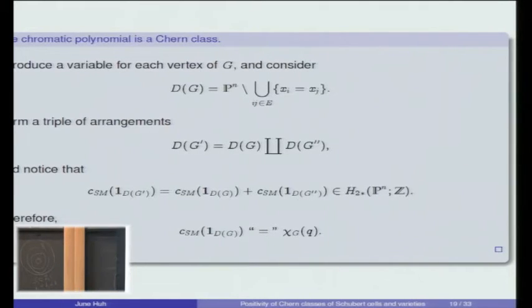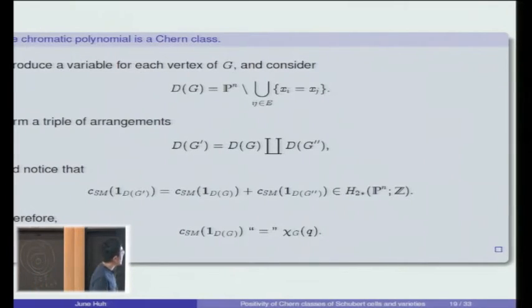If you form the complement associated to the deleted one, which has one less hyperplane, then you see that it's a disjoint union of 2 things. The arrangement complement of the original graph, and at infinity, in the hyperplane that you have deleted, you see again an arrangement complement of one smaller dimension, which is exactly the one associated to the contracted graph G double prime.